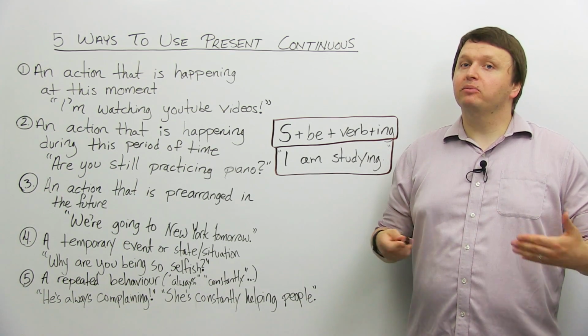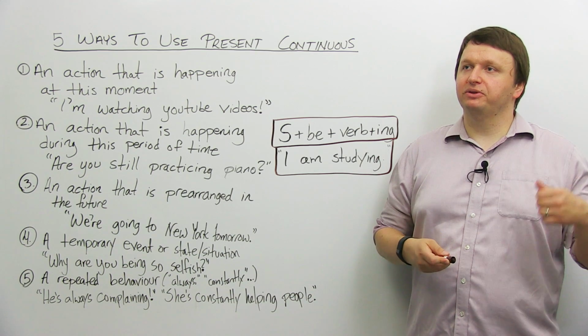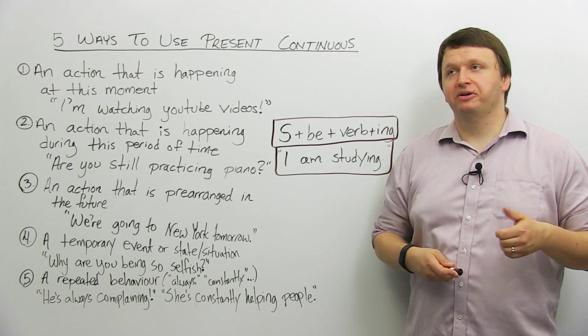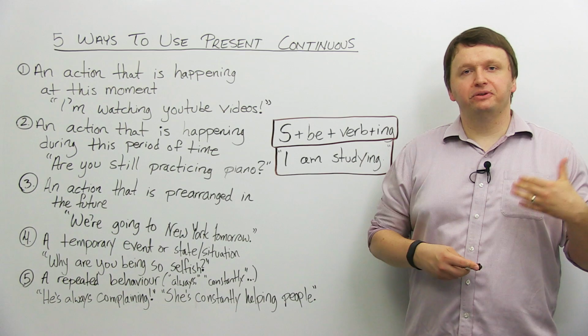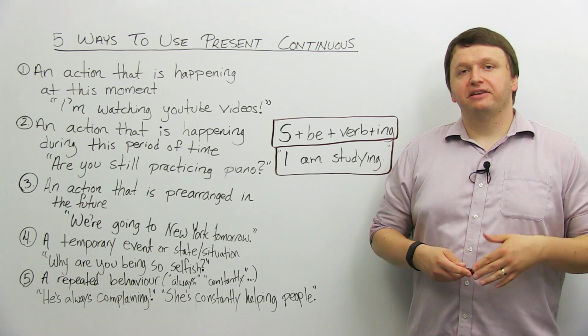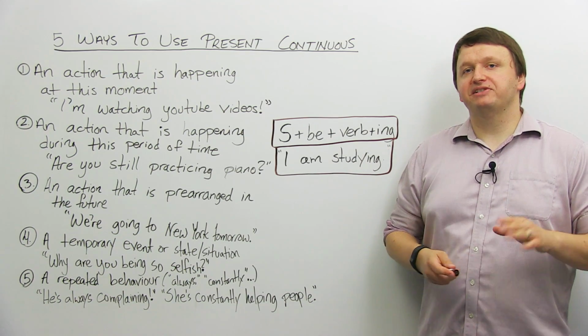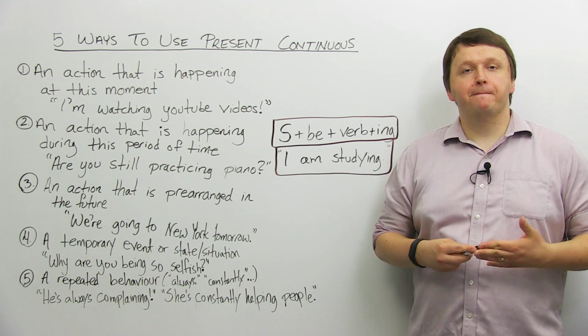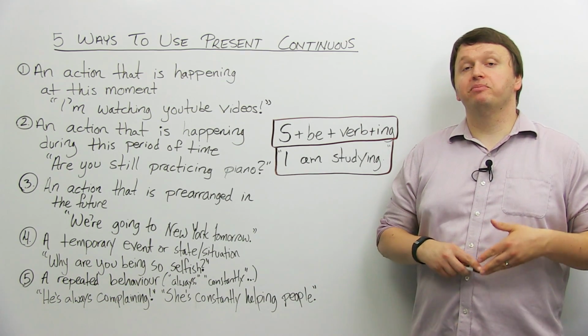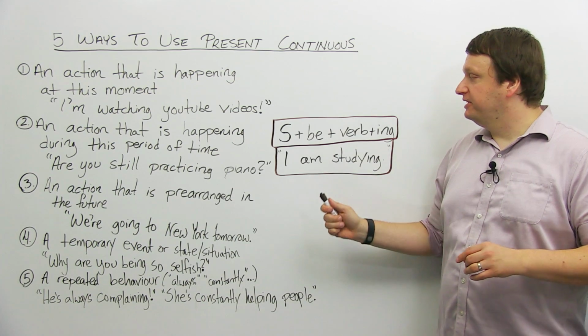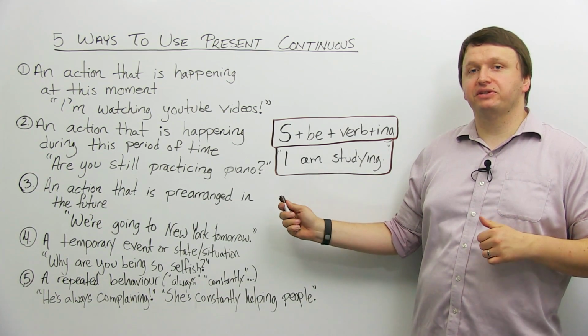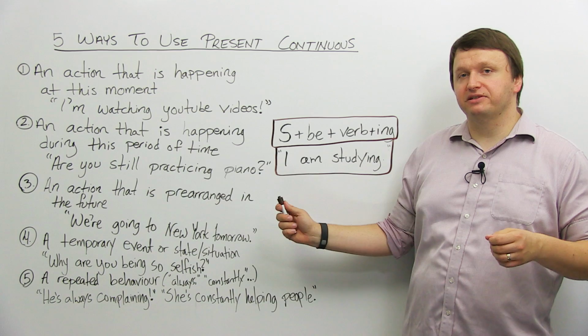Or maybe you're a little more advanced and you say, okay, you can use it for an action happening now, and I know I can use it for future actions too. This is correct. These are 2 ways that we're going to talk about today, but there will also be 3 more ways. So just to begin, as a reminder, this is the structure of the present continuous.